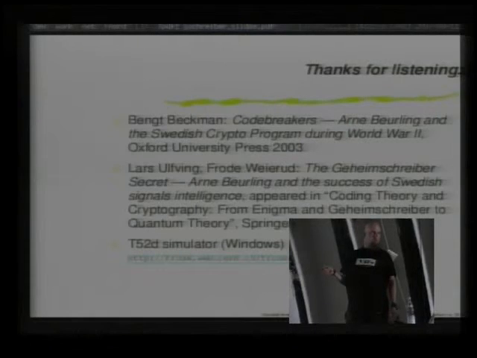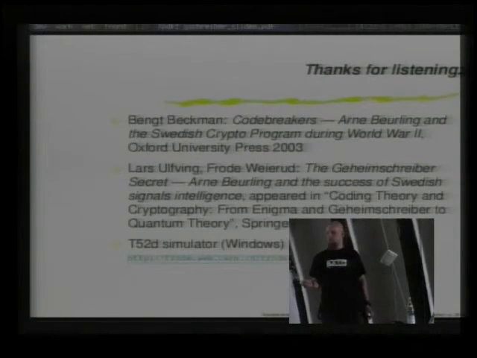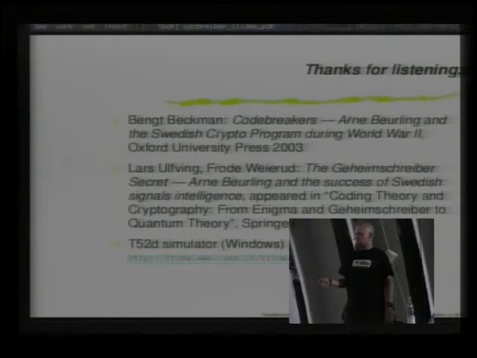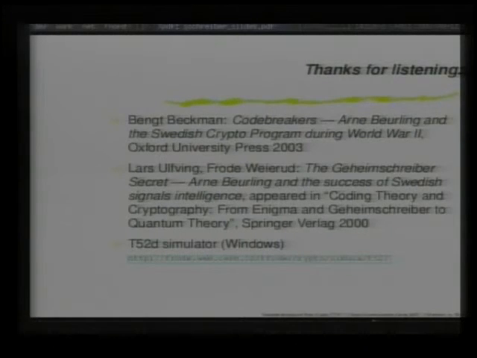In English it means secret writer. The second is by Frode Weierud, who also wrote a simulator for these machines, which I just found yesterday, and which you can download and run to see the machine in action. I've also put this link on the Fahrplan page, where you can also get the slides and the paper version of the talk.